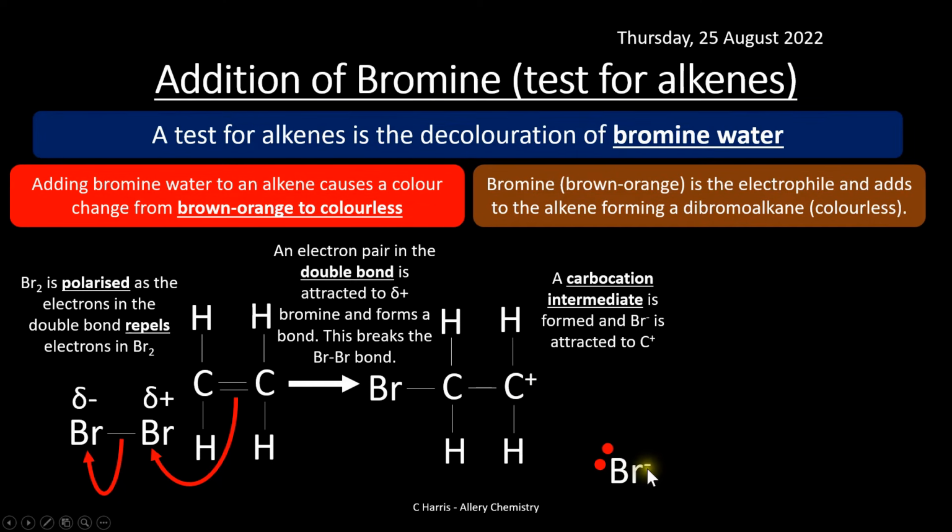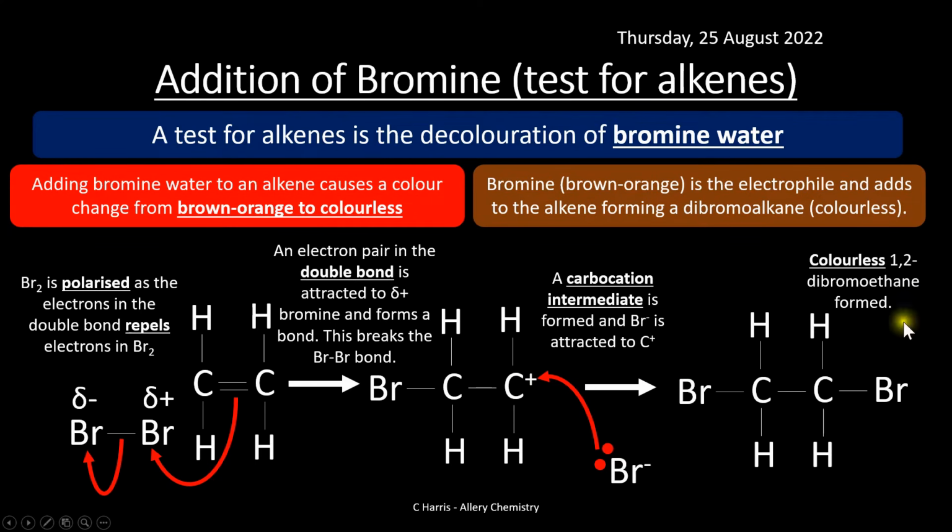You might spot this and think, hang on, you've got a positive and a negative charge here, so these are going to attract, aren't they? You'd be absolutely right. These electrons from this Br minus jump onto that positive charge because there's a strong attraction between them, and then what you form is colourless 1,2-dibromoethane, and you can see that reaction there.